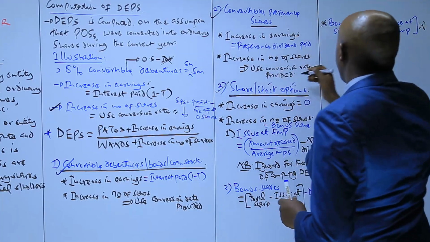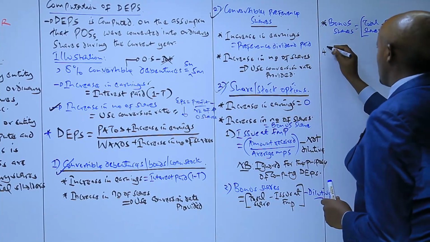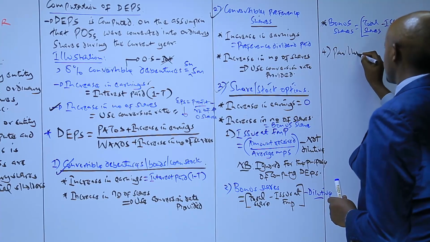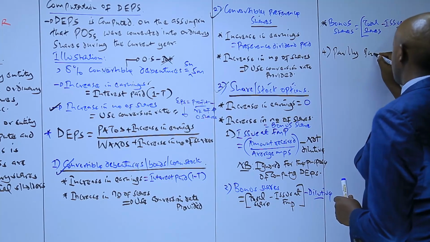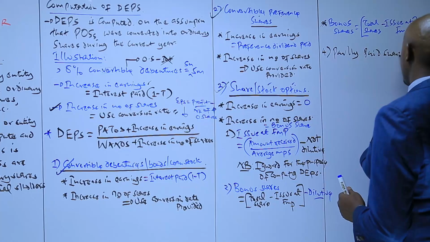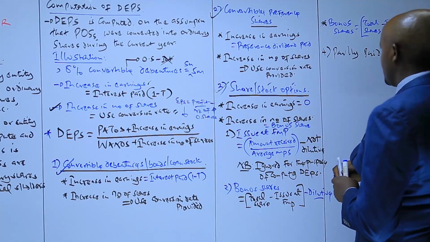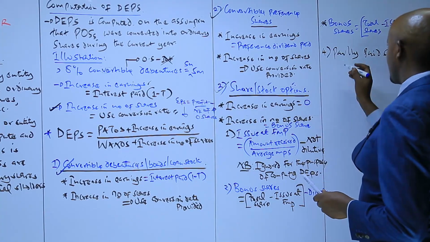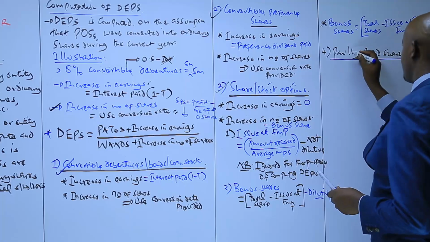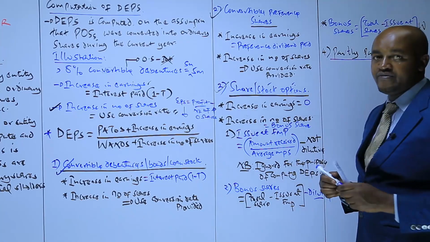And then next we have number 4, partly paid shares. So partly paid shares, these are those shares issued by the company at full market price, but at the end of the year, the shares will not be fully paid.